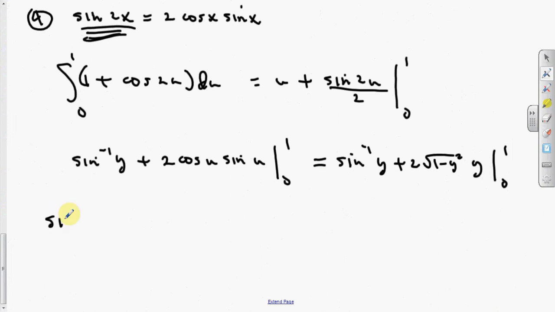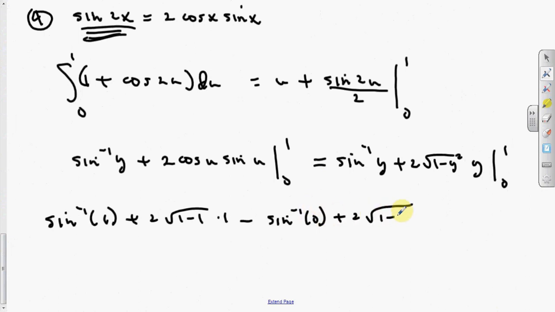So this is sine inverse of 1 plus 2 times the square root of 1 minus 1 times 1, then minus sine inverse of 0 plus 2 times the square root of 1 minus 0 times 0. So all we have is sine inverse of 1 minus sine inverse of 0.